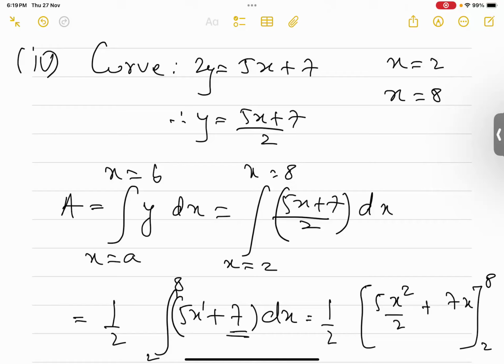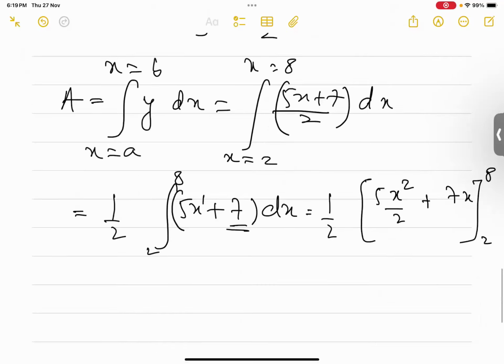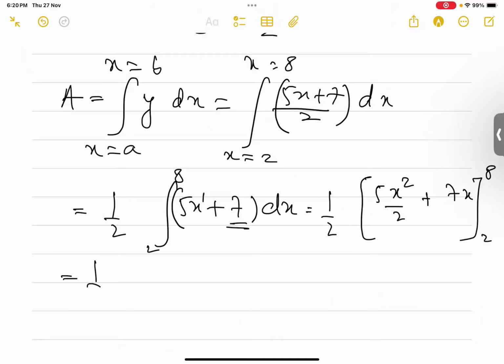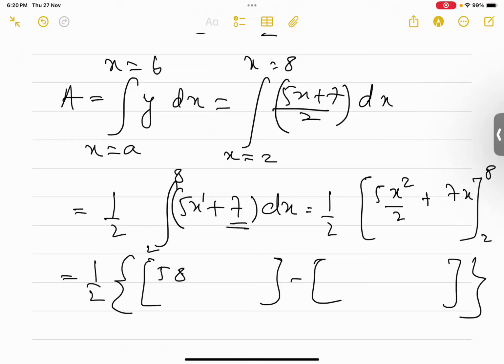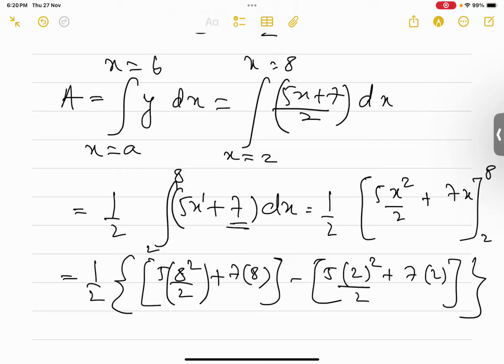The question will always be find the area bounded by the curve. They will specify this. Now you have to do box minus box. In curly brackets, 5 into 8 square by 2 plus 7 into 8, minus 5 into 2 square by 2 plus 7 into 2.